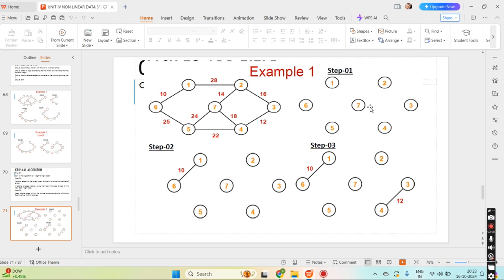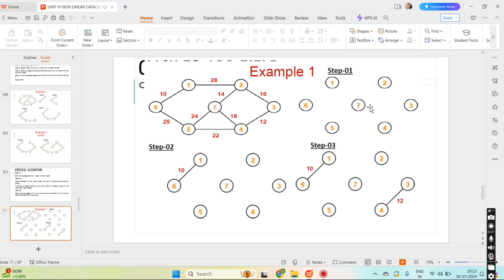The minimum cost is 10, so we create an edge between 1 and 6. Next, the second minimum weight is 12, so we create an edge between 4 and 3. The main condition is that it does not allow a cyclic form.